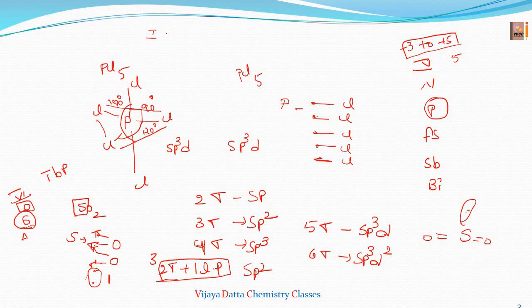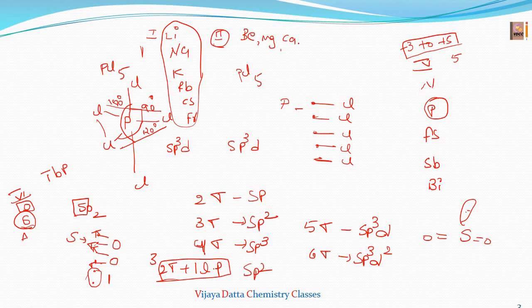Lithium, sodium, potassium, rubidium, cesium and francium. These are the first group elements. They have 1 valence electron. Come to the second group elements: beryllium, magnesium, calcium, strontium, barium, radium.